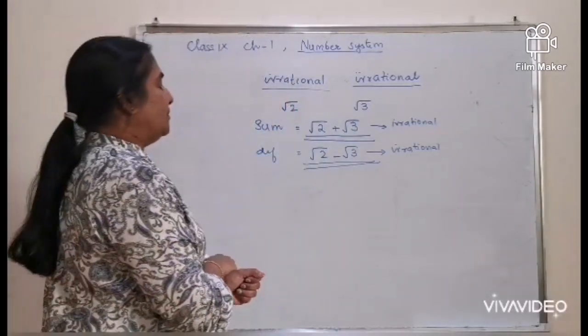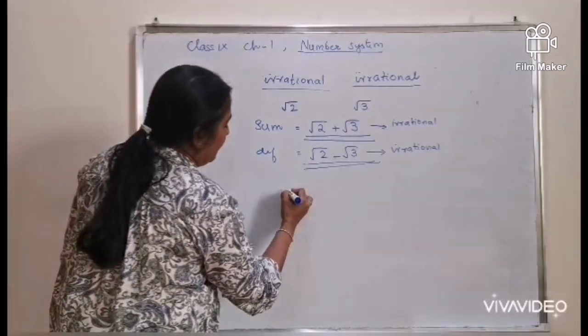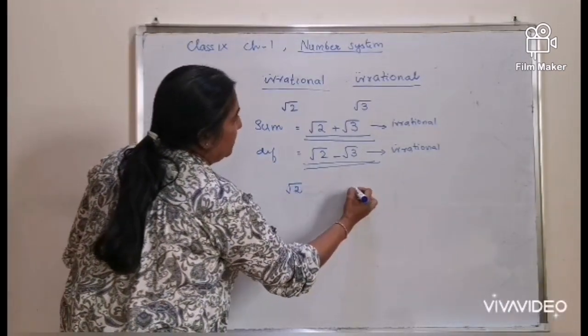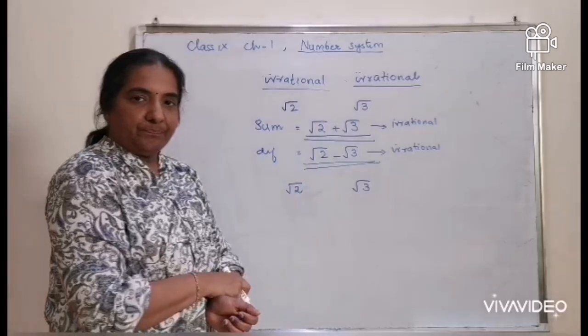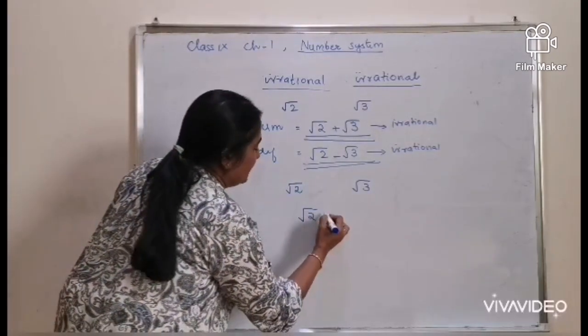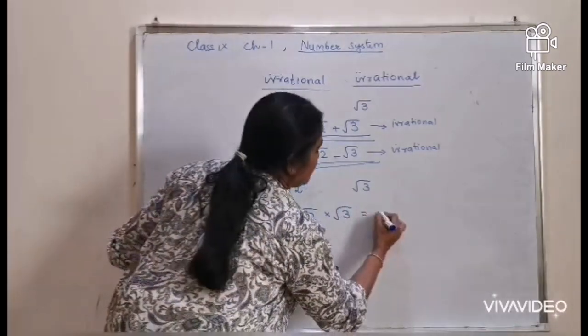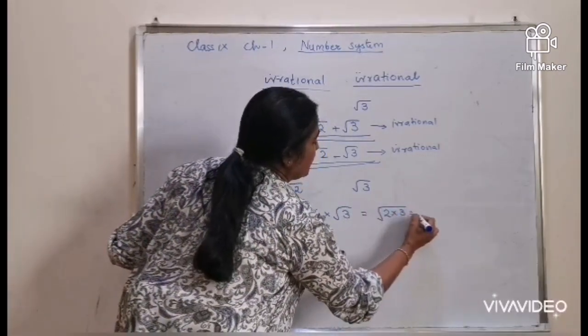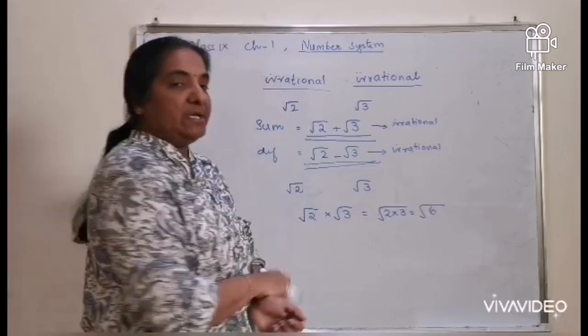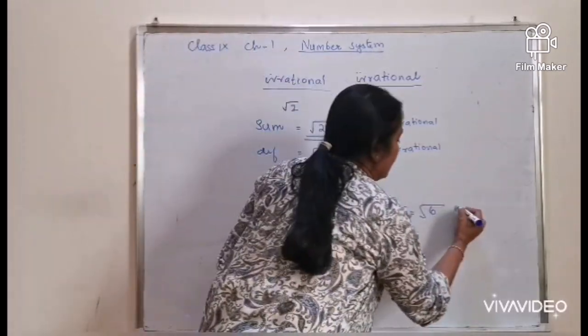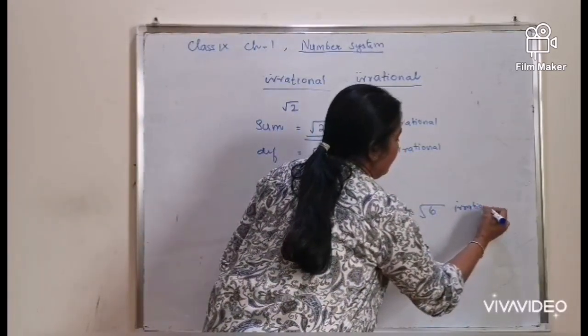Consider the product of square root 2 and square root 3. Square root 2 into square root 3 is the same as square root of 2 into 3, which is equal to square root of 6, which is again irrational.